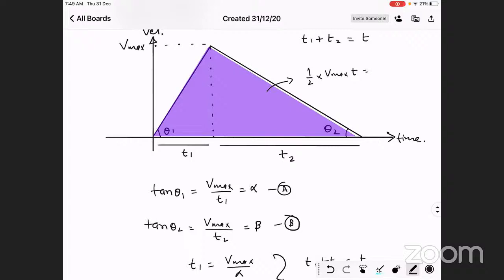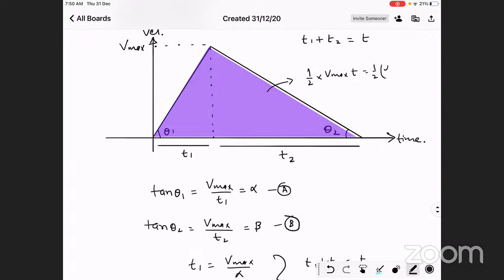This is total displacement. Vmax अभी निकाला हमने. What is Vmax? Alpha beta t upon alpha plus beta into t. So final answer is 1 by 2 alpha beta t square upon alpha plus beta. This is your final answer for displacement.